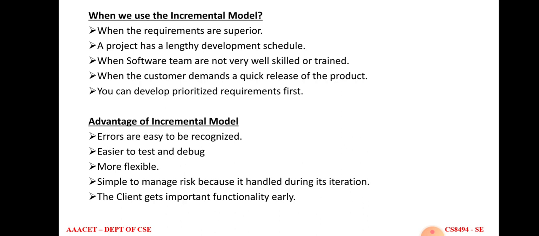For example, if the second requirement given by the customer has the highest priority, then using the incremental model, the software analyst develops the software process or application for that second requirement first, because it was given the highest priority. That is the meaning of this 5th point: you can develop the prioritized requirements first.